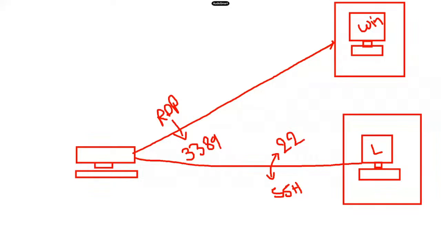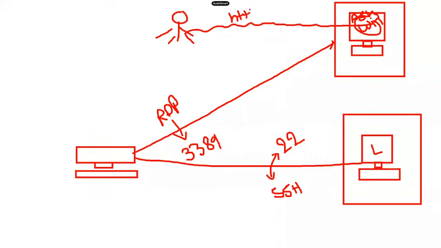For example, in Windows Server I have deployed one application, maybe .NET. Now the .NET application should be accessible from outside. To access it from outside, we have to use the HTTP protocol, Hypertext Transfer Protocol.